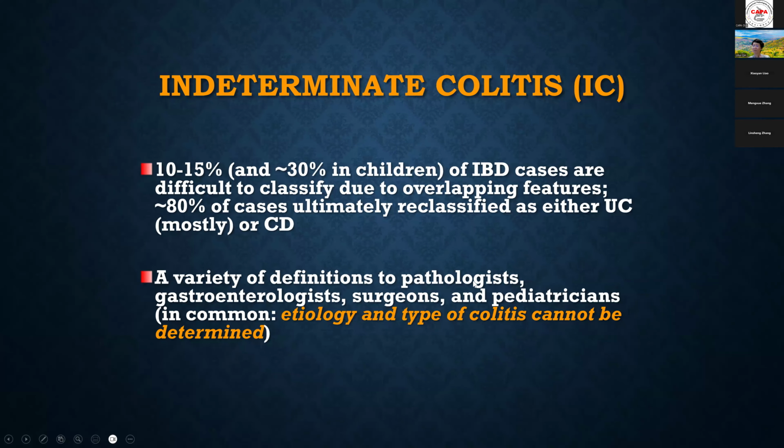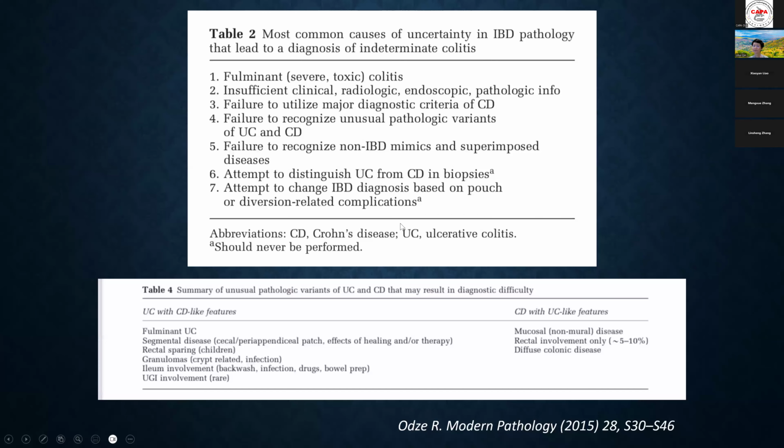But for pathologists, the definition is different. We think indeterminate colitis is when the patient has IBD, but we cannot really tell Crohn's or UC, and we call it indeterminate colitis.